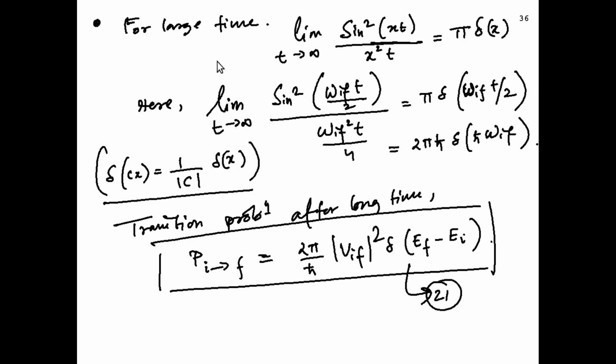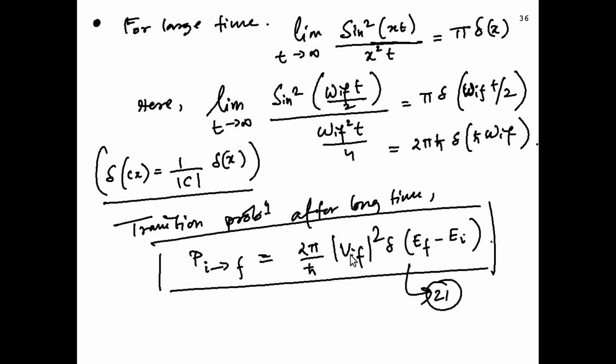But let's look at what happens in the t going to infinity limit. If I take the t going to infinity limit, sine squared xt divided by x squared t becomes a delta function, with the argument omega t by 2, and I obtain this formula. From here I can write it down as 2 pi h bar delta of h bar omega_if, and then the transition probability after a long time becomes this.